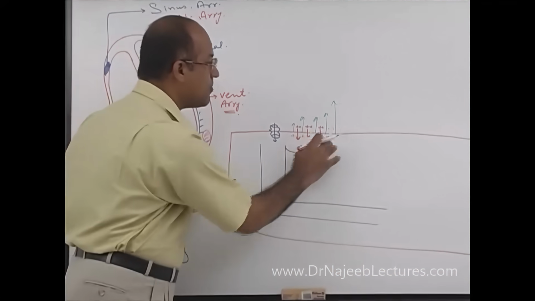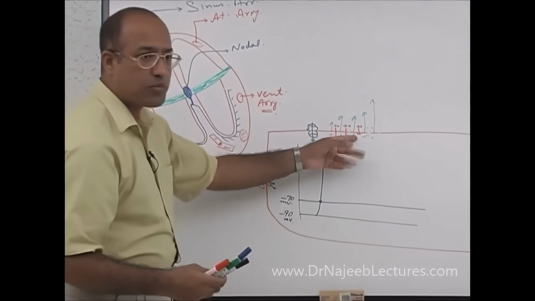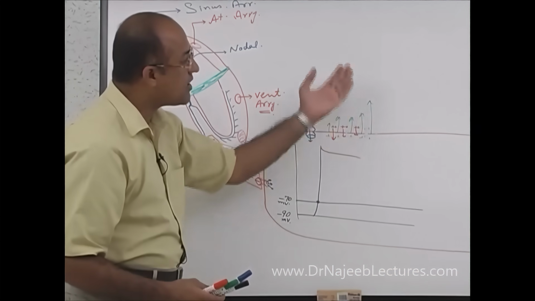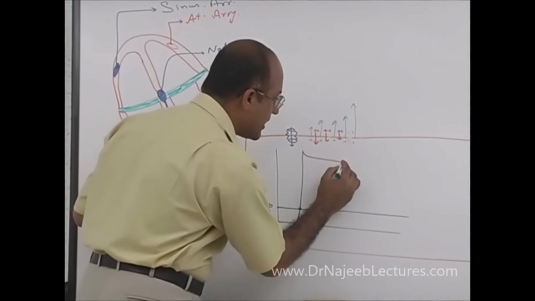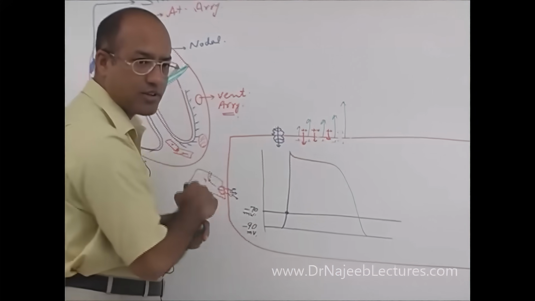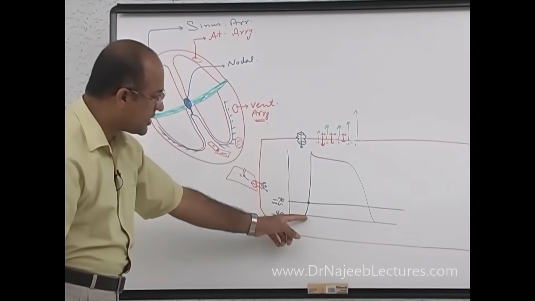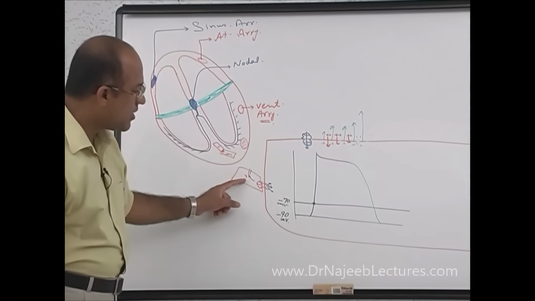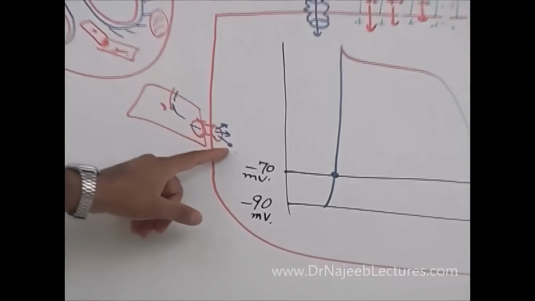But a time will come when further input of calcium will stop, but potassium is effluxing at a very high rate, and when potassium is going very rapidly out, then it will repolarize with loss of potassium.